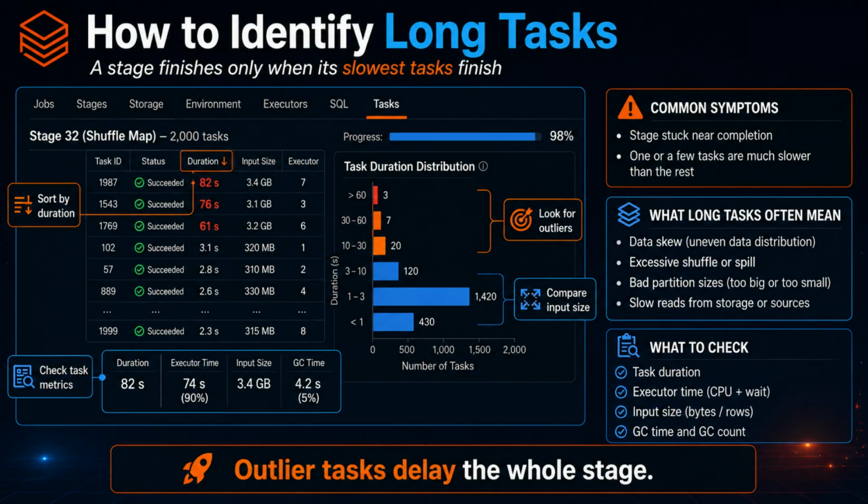Ask yourself whether those slow tasks are reading more data, waiting longer, or processing larger partitions. Long tasks often point to uneven data distribution, excessive shuffle or spill, poor partition sizes, or slow input reads from storage. Outlier tasks delay the whole stage, so they are never just small details.